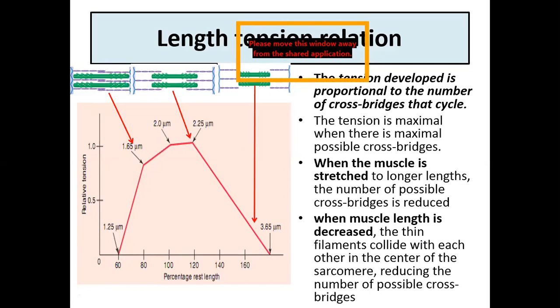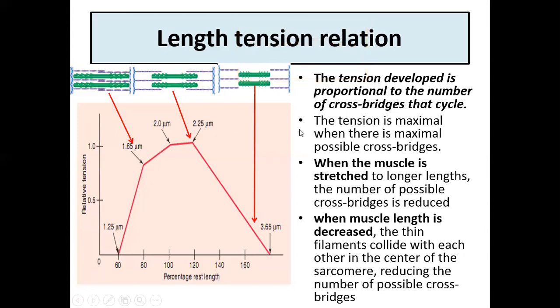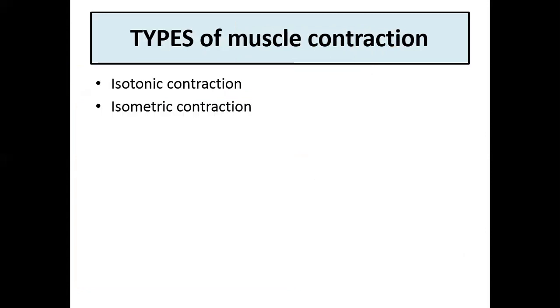The exposed active sites are over the exposed active sites of the opposite side, so fewer cross bridges are formed, thereby decreasing the muscle tension. So in both situations, the number of cross bridges formed is reduced, and therefore you have a decrease in muscle tension. Okay, so that is about the length tension relationship.